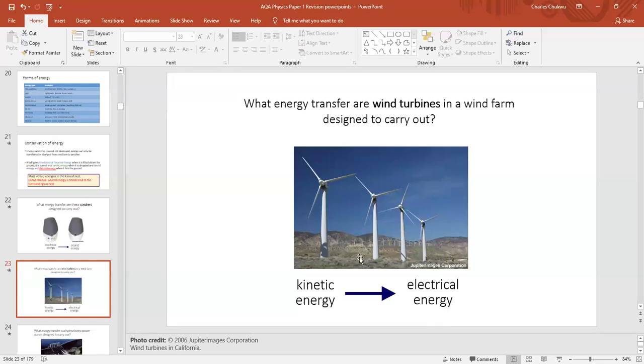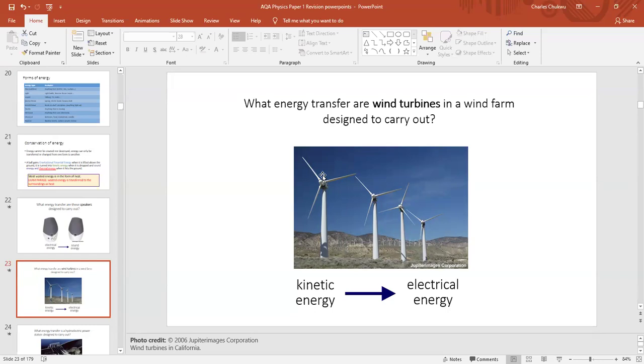So the idea for energy conversion is to be very calculative about where the energy starts, where the process starts, and where it ends. So someone looking at these wind turbines, look very well. What's the aim? The wind turbines will end up creating electricity. So that's the destination. But where is the source? Where does it start from? It's the wind that has to blow it first.